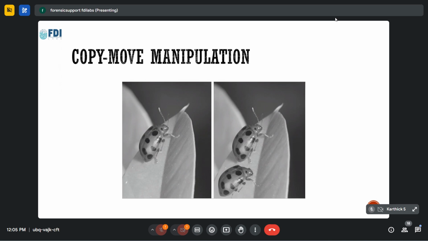By resaving it, such values may not match exactly, but approximately they will match. For example, here is a picture of how copy-move manipulation takes place from the original data, how the particular region is cut out and copied, and how it transforms into the second altered image.